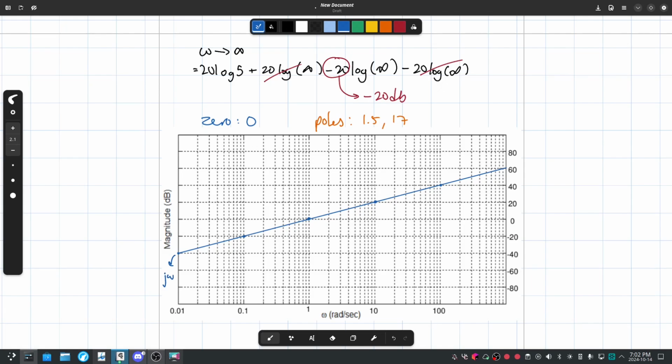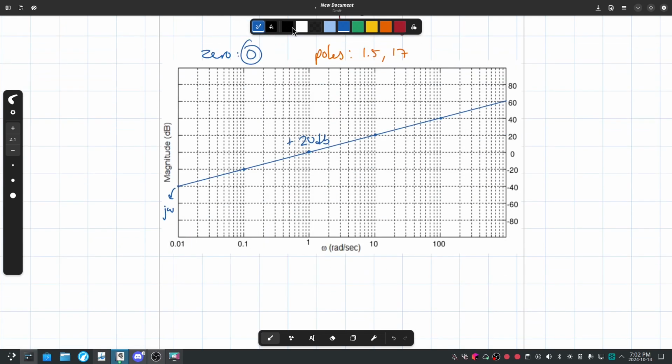Can you explain the line real quick? Yes. So this is a slope of 20 decibels. Our zeros bring up the graph by 20 decibels per decade. That's what it means. And this line starts at omega is equal to 0. However, when we get jw, it's going to be 0 decibels at w is equal to 1.